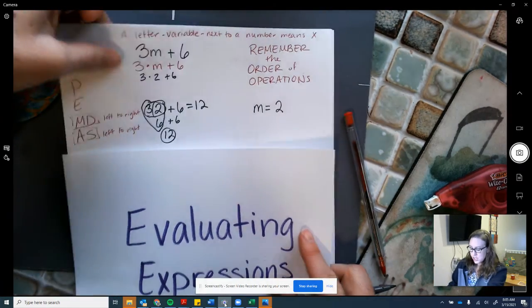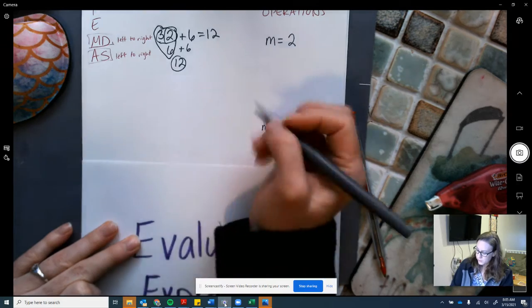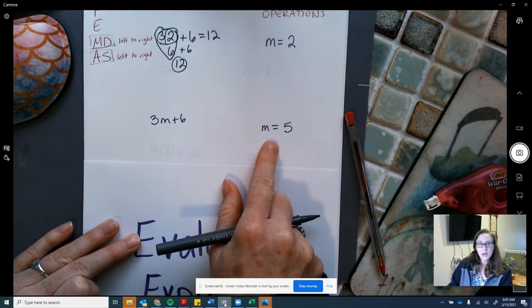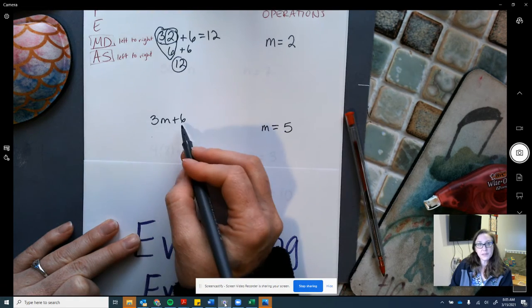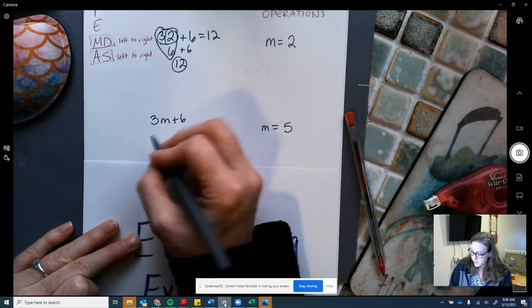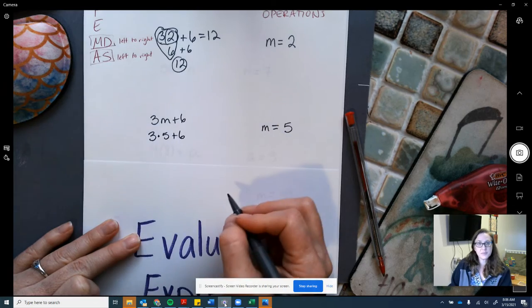But how does it change if m equals 5? So my original is 3m plus 6. I'm going to take this 5 and rewrite this where 5 is in where m is. So 3 times 5 plus 6.